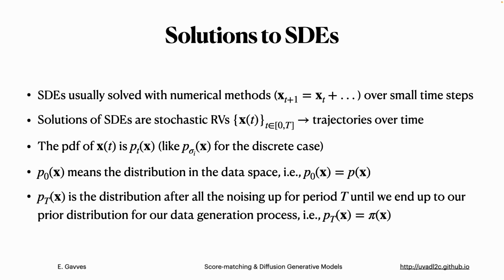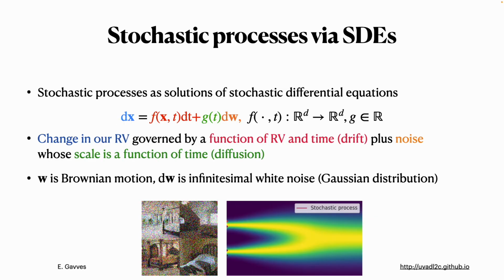So for every time step, you go to the next time step, and then to the next time step, in an autoregressive fashion, over small dt's. The solutions of SDEs are stochastic because every time you run it again, every time you try to compute this, you get a different trajectory.